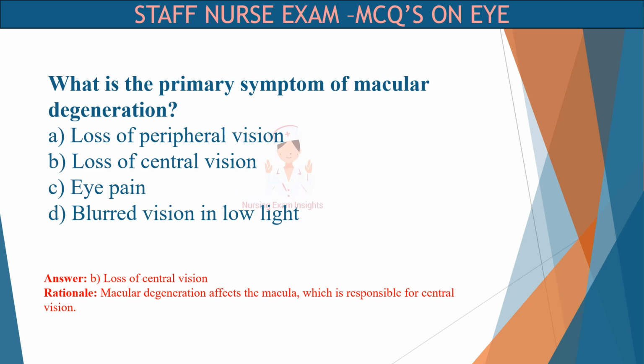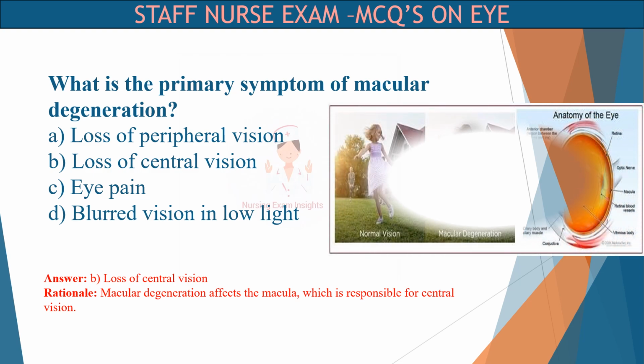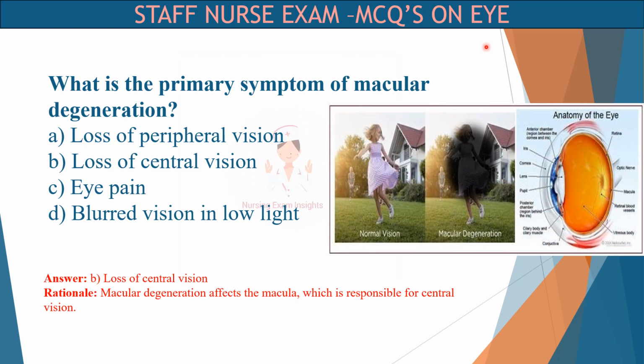Macular degeneration affects the macula. The macula is a small area in the retina that is responsible for central vision, allowing you to see the fine details clearly. So, if the macula is affected, this is the change that you can see. The first picture is a normal vision.